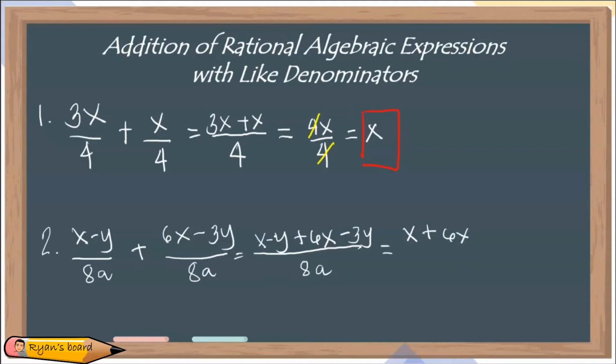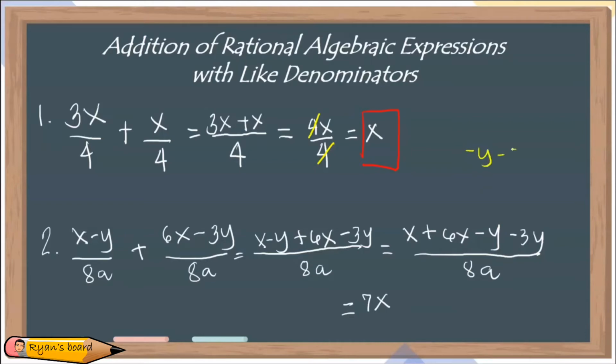Next, yung y naman, we have minus y. Ano pa ang may y? Ito, that is minus 3y. To copy 8a. Now, combine like terms. Yung x plus 6x, since may 1 dito, that's 7x. Now, we have negative y minus 3y.